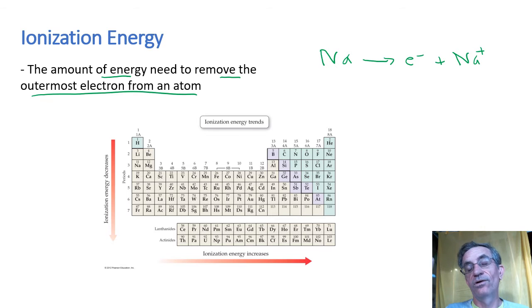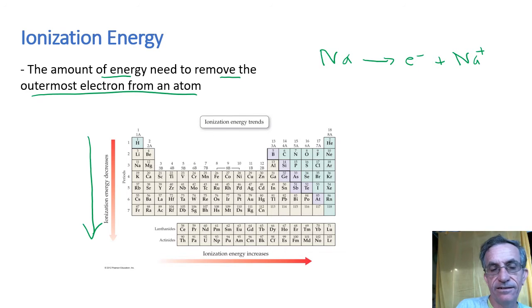All right, so doing this, making an electron get ripped off from an atom, some atoms do that easier than others. So there's a pattern, and the pattern is as you go down, it gets easier. So ionization energy decreases. I'll just write IE, decreases.